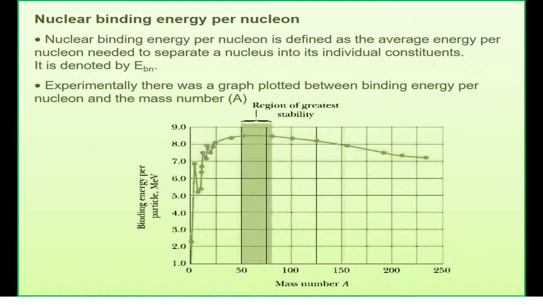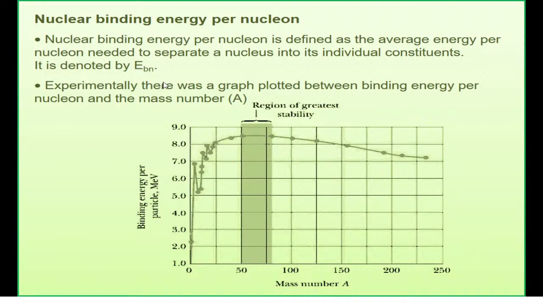So the nuclear binding energy is calculated per one nucleon. Nuclear binding energy per nucleon is defined as the average energy per nucleon needed to separate a nucleus into its individual constituents. It is denoted by that symbol.